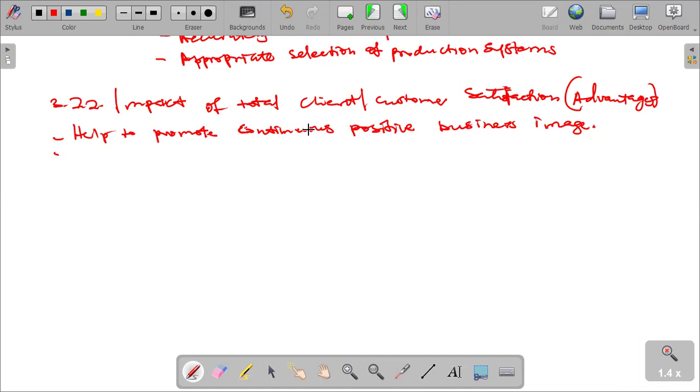Business can also use it as market research, or customer surveys, to check customer needs and expectations and monitor customer satisfaction.